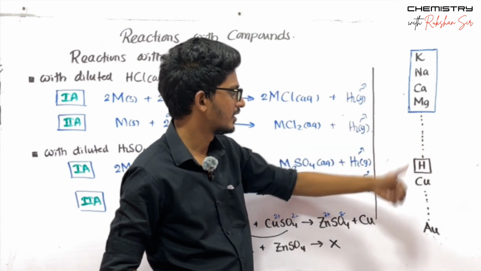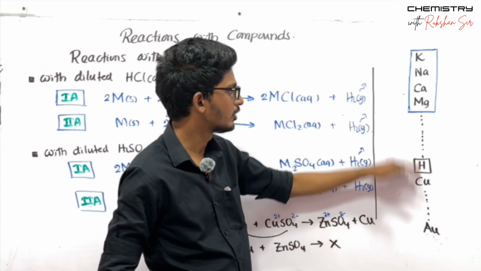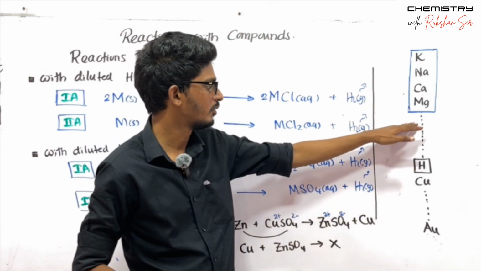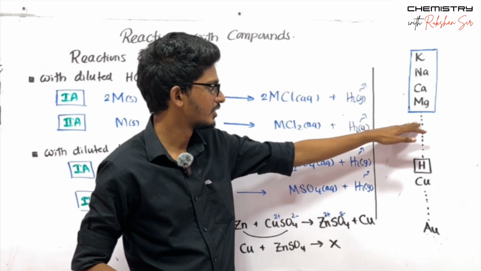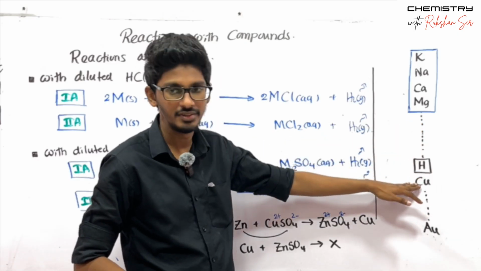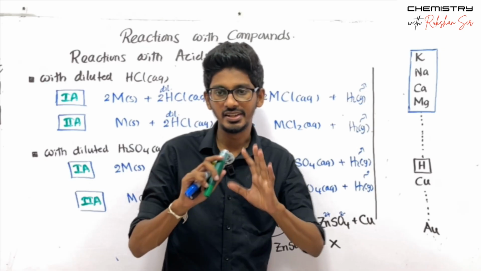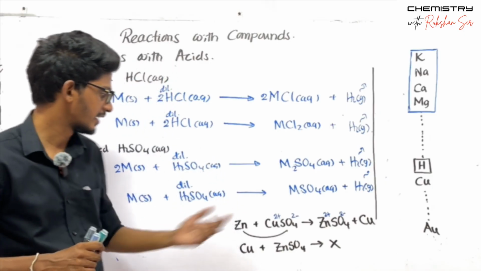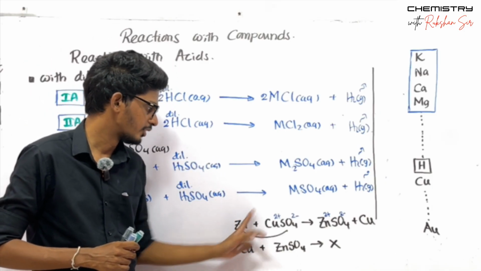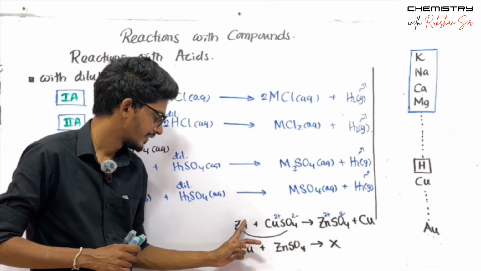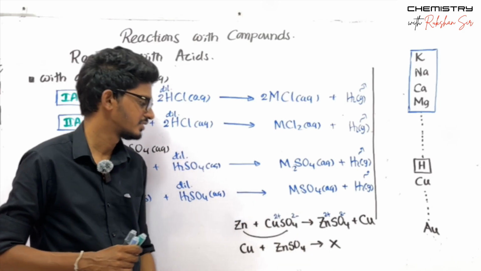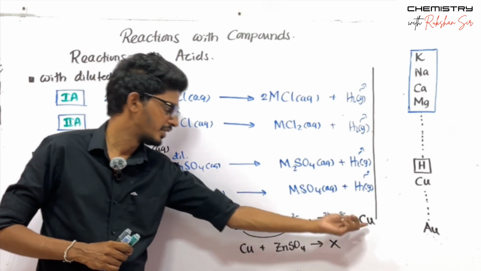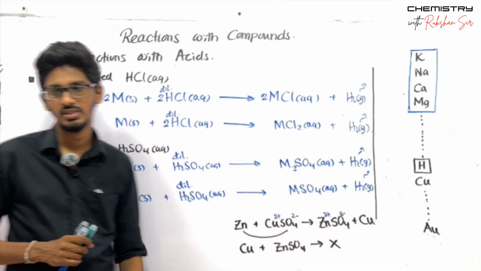If you are thinking of a reaction between copper and zinc, zinc, which is directly above, should get oxidized, while copper, which is directly below, should get reduced. That is how a reaction would occur among two species in the activity series. Zinc gets oxidized, converted to zinc 2 plus, which is oxidation, and copper 2 plus coming up as copper is a reduction, right?